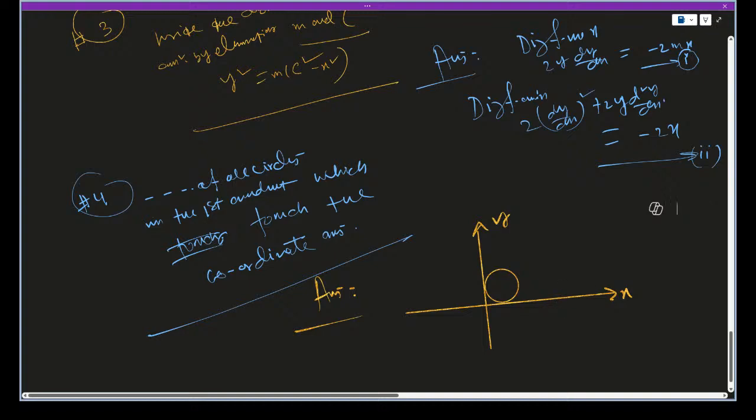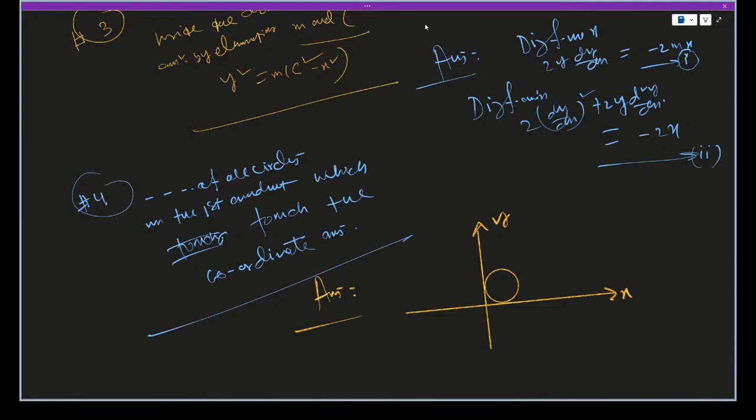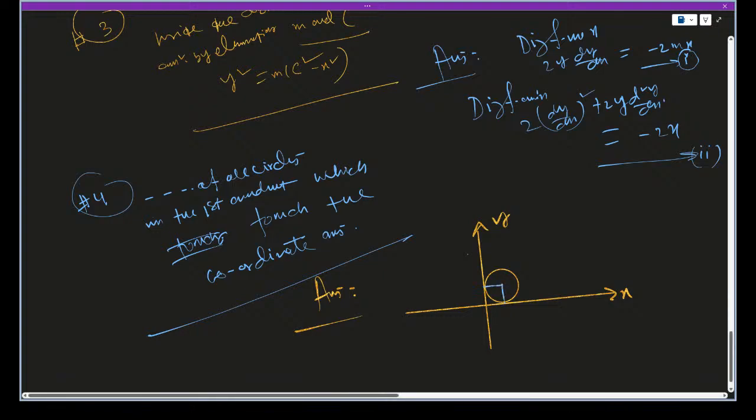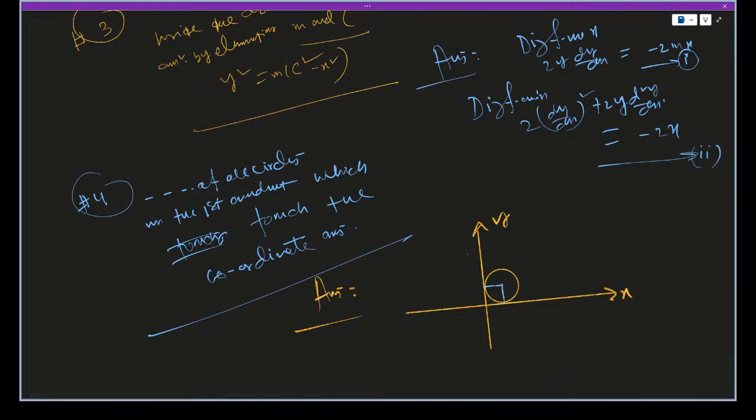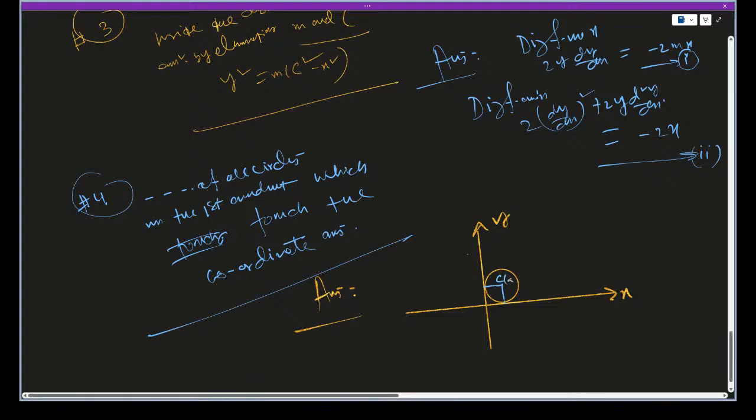So the question is, the differential equation, how to get it? You can start in this manner. It's touching both the coordinate axes, so the center has the same coordinates.